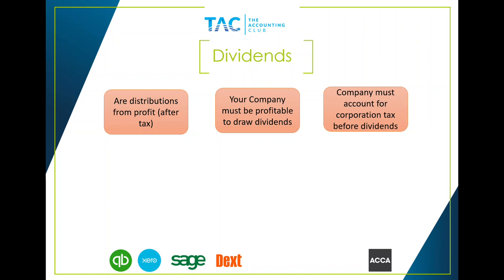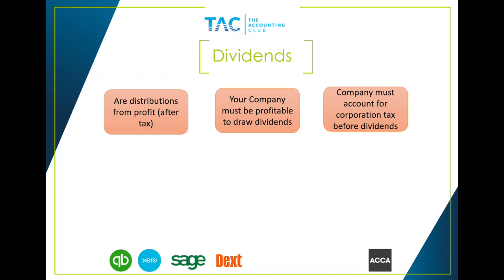As an example, say your company's turnover was £40,000, and your business expenses were £15,000. That leaves you a profit before tax of £25,000. Now you need to account for tax on that £25,000.